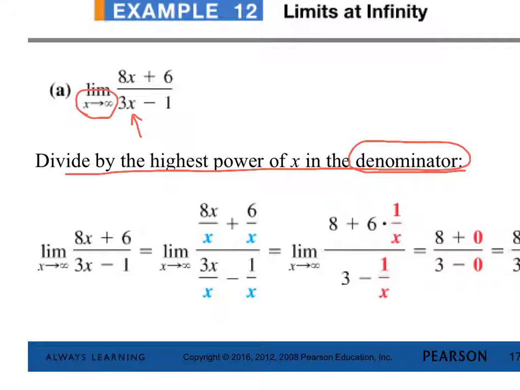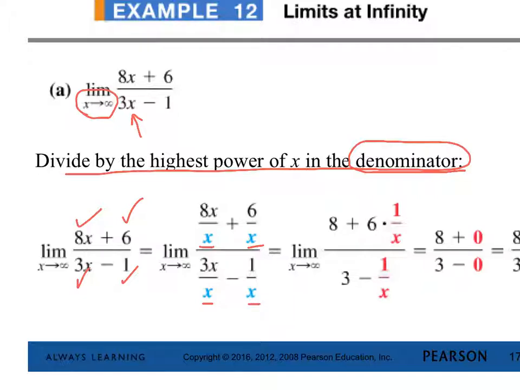So what we're going to do is take that x and divide it into 8x, as we did here, and divide it into 6, as we did here, and divide it into 3x, as we did here, and divide it into negative 1, as we did here. And then we're going to try to simplify that.